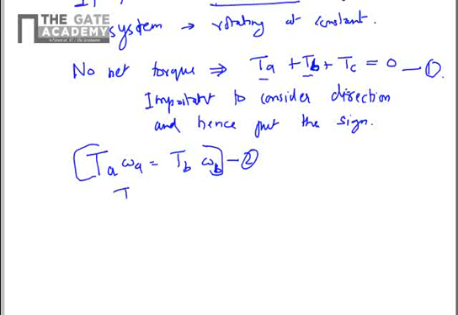If you are considering efficiency also, then output power will be efficiency times the input power. Input power is TA omega A. So these two equations are the same, two only. The application of these equations to find out a torque will be clear when we take up a numerical example.